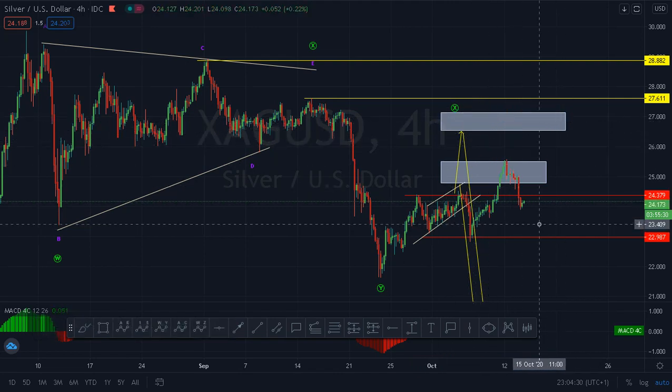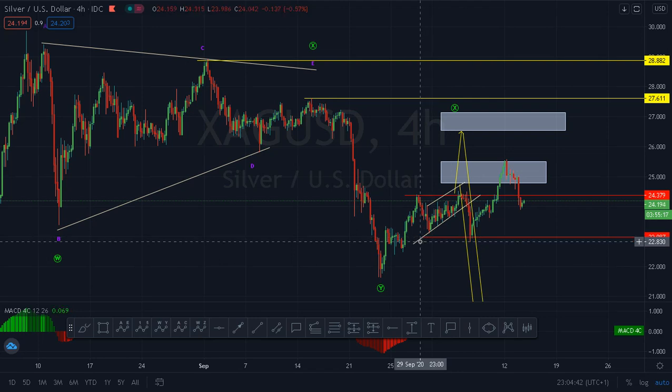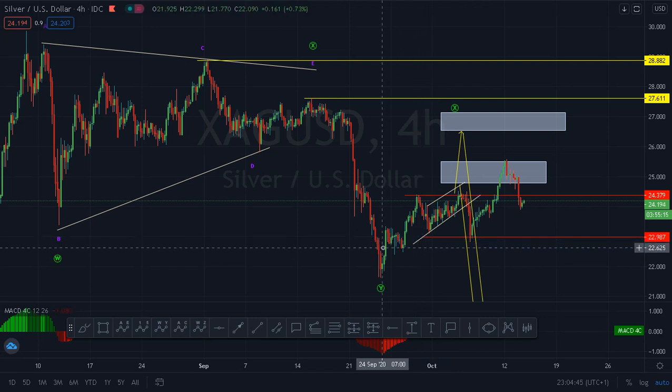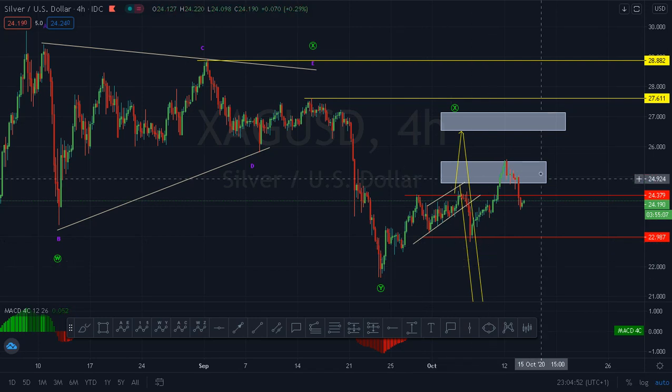I put these levels some time ago. Okay, let me check the date. I made all these things when the price was maybe here or here. Of course, I know that the price will either come down from here or from here. We can see it couldn't go above here.